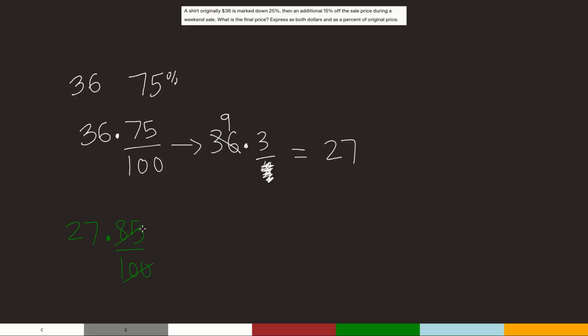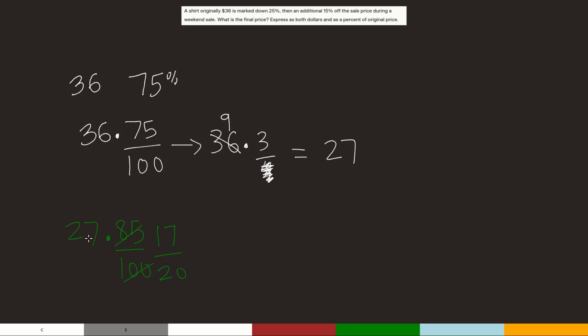85 divided by 5 would be 5 goes into 8 once, and then we have 35. 5 goes into 35 7 times. And then 100 divided by 5 is 20. Okay, so now I'm trying to see, can we do anything else before we reduce? No, 17 is prime.